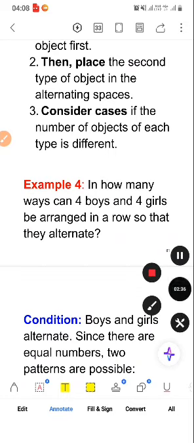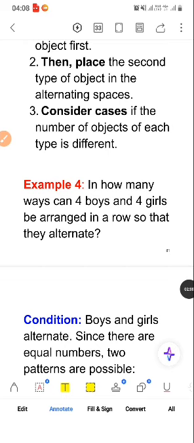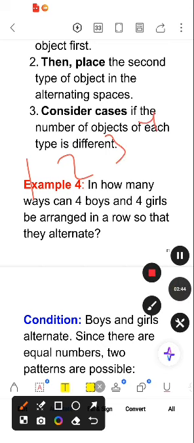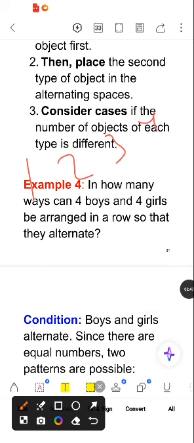First of all, start with a boy. If a boy starts, so 1 2 3 4, how many spaces are left? A girl can be here. We have a boy, a girl, a boy, and a girl. So we have 4 spaces.